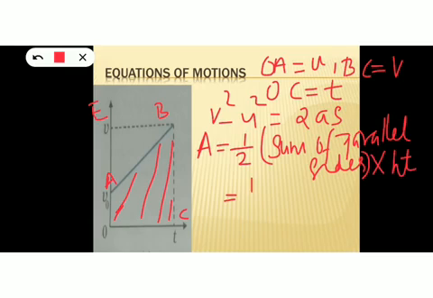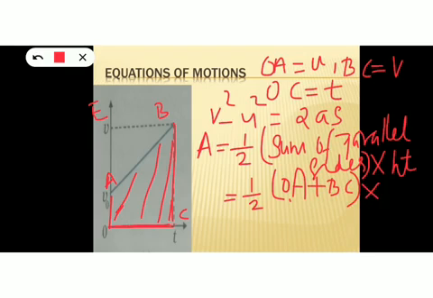So just substitute: equal to half into, which are the parallel sides for this trapezium OABC? OA and BC. These are the parallel sides. So OA plus BC, sum of parallel sides into height or base, which is the base for this trapezium? OC is the base.